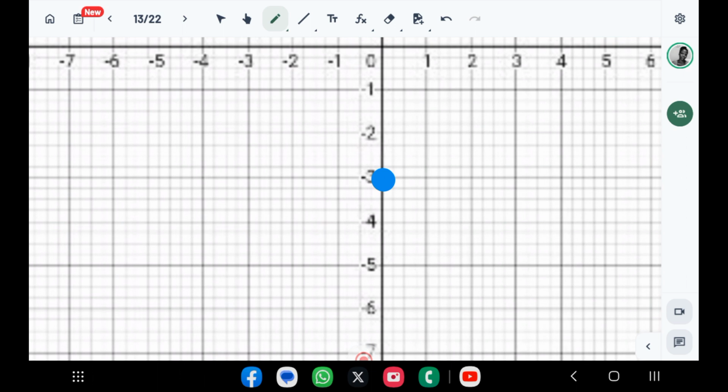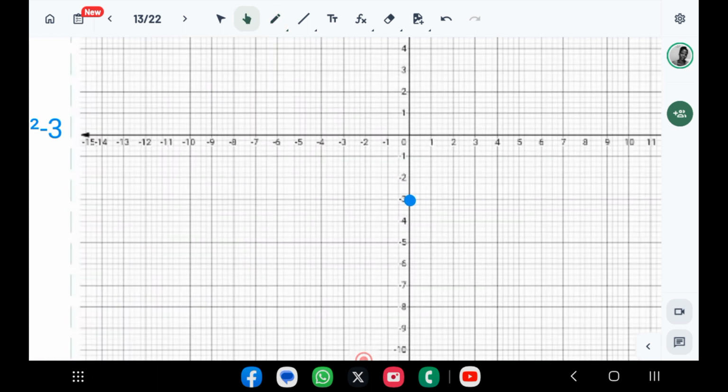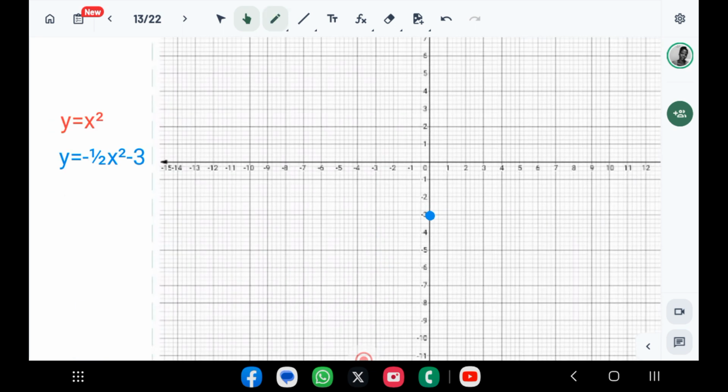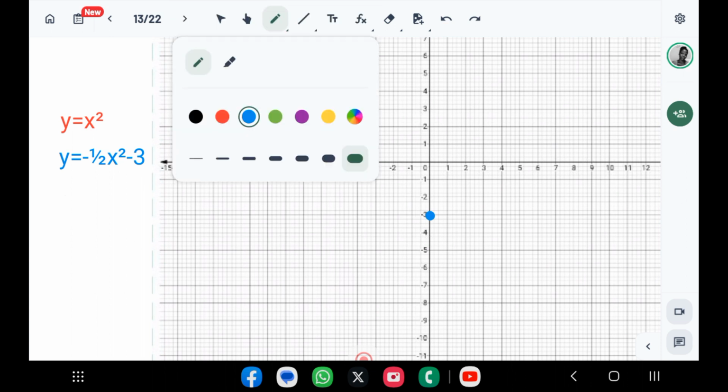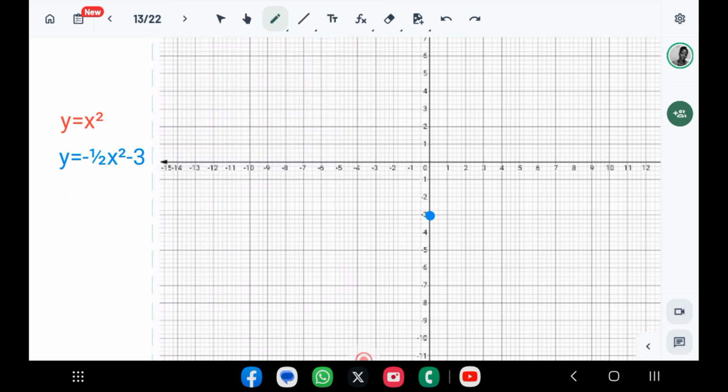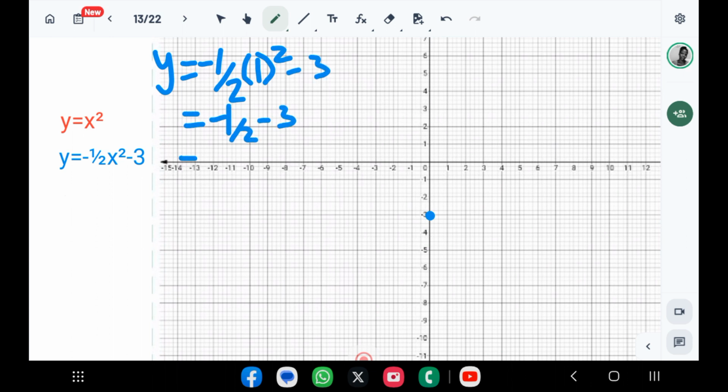Now let's figure out what happens at x equals 1. At x equals 1, y equals negative half times 1 all squared minus 3, which equals negative half minus 3.